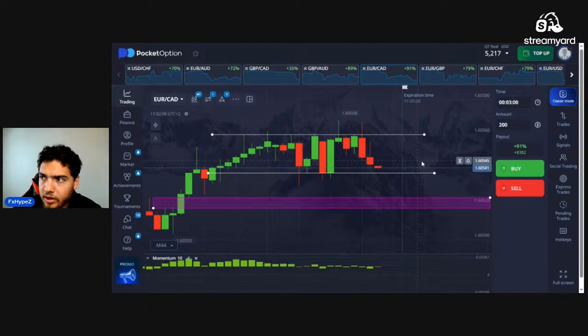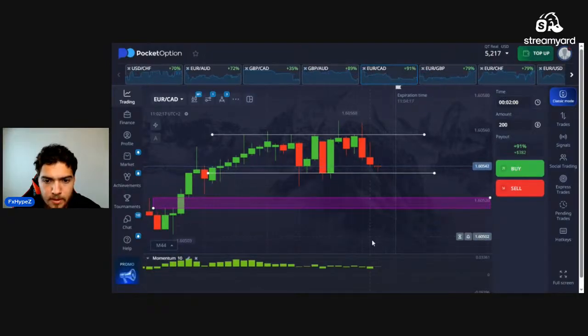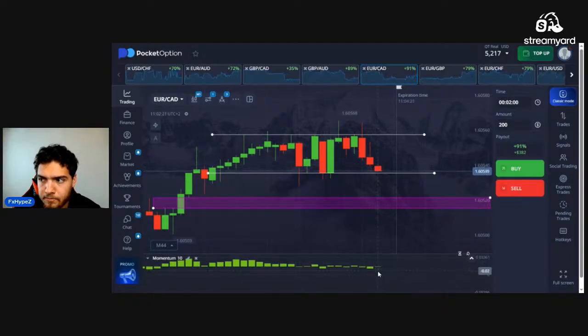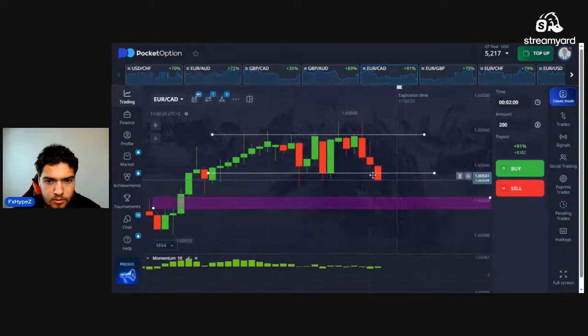Okay, it does look like we're going to get a support break here. So I'm just going to lower the expiration to 2 minutes. And I'm hoping that momentum does shift red here. We've got a support break here, but momentum's not red.